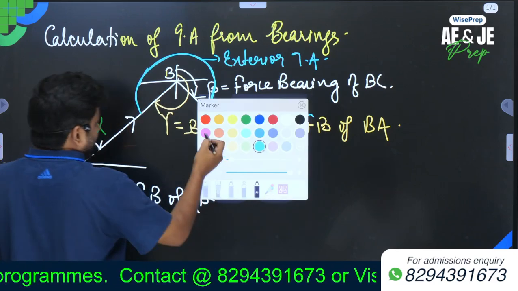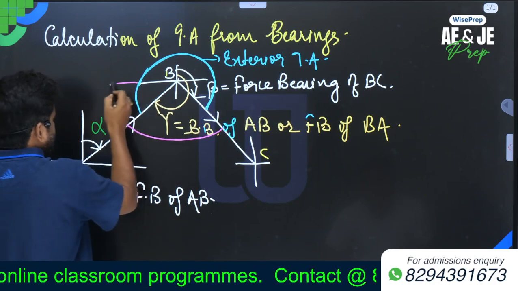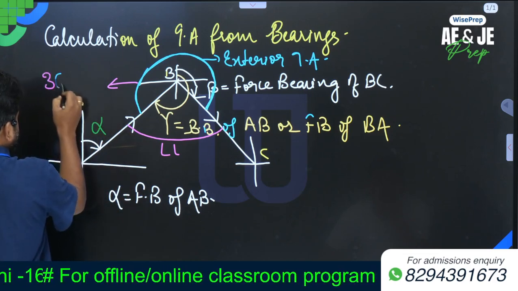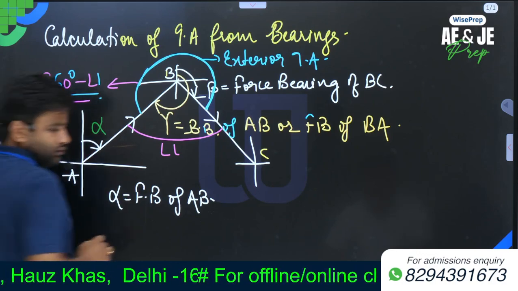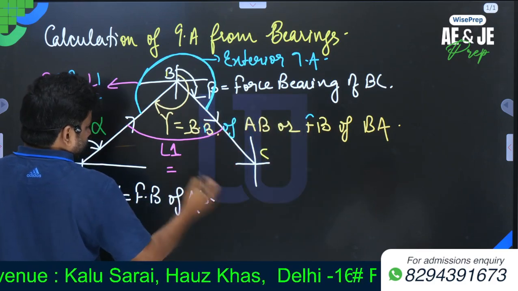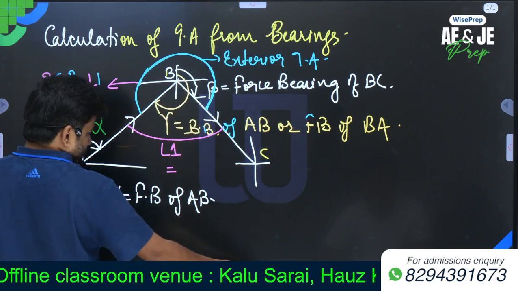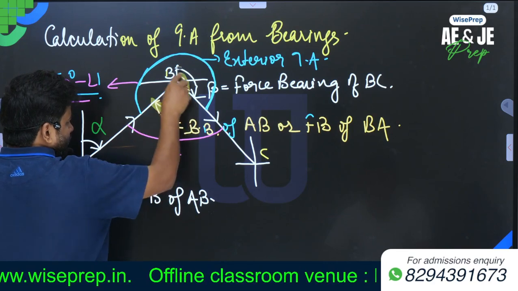It means that if I am obtaining this one, then this is an angle 1. So this will be 360 degree minus angle 1. This is gamma, this is beta.